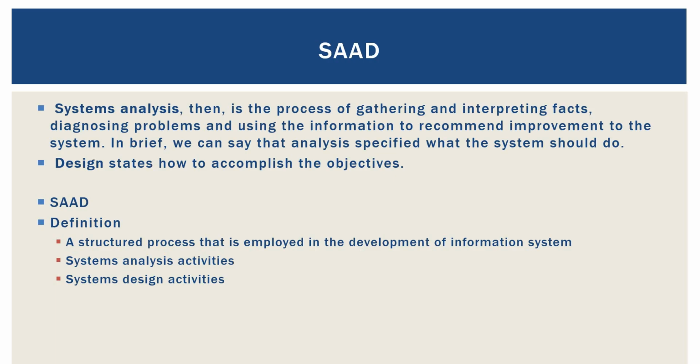We want to gather facts about the system, what the users are saying, what the designers are saying, what management are saying about a particular system. Then we want to diagnose the problem. Then we say, okay, fine, let's do A, B, C, D. Let's come up with a new system, let's replace or complement the system. So in brief, analysis specifies what the system should do. And what does design do? Design states how to accomplish the objectives.